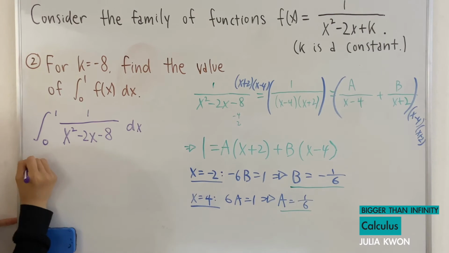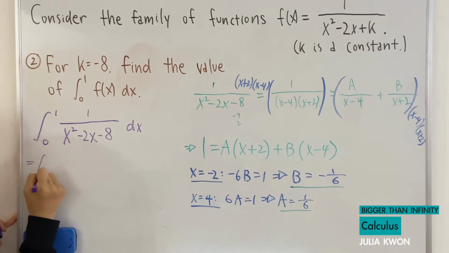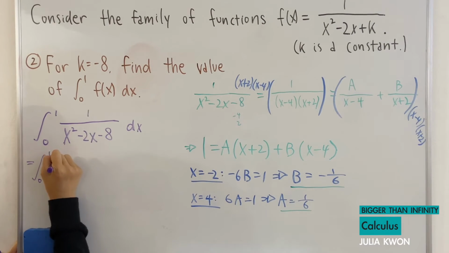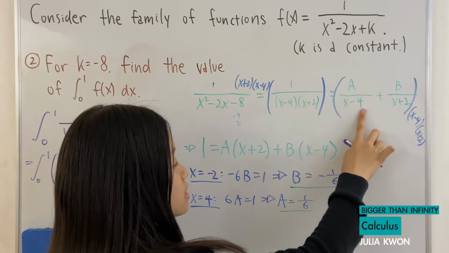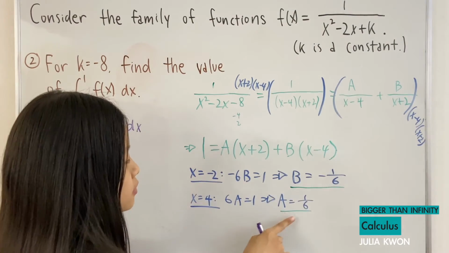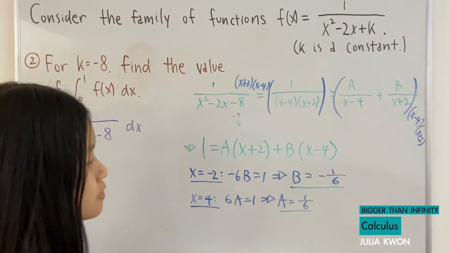So we're going to come back to here, where we have the integral from 0 to 1 of, we're going to use this. This is our new integrand inside of our integral, but instead of a and b, we're going to put 1/6 as a, and -1/6 as b.